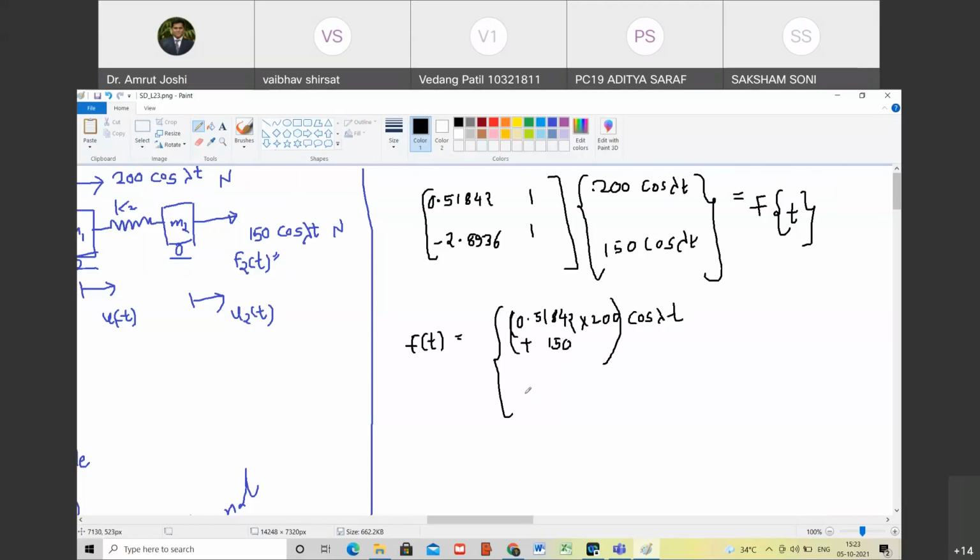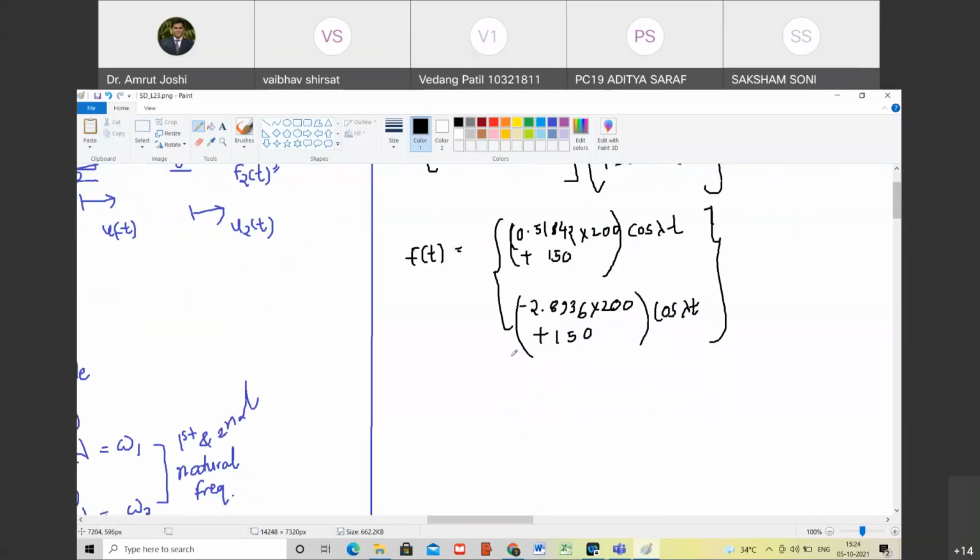And here, what will there be? Minus 2.8936 into 200 plus 150, cos lambda t. Do you agree with me? So can you evaluate this constant, 0.51842 into 200 plus 150? How much is it? 253.684.